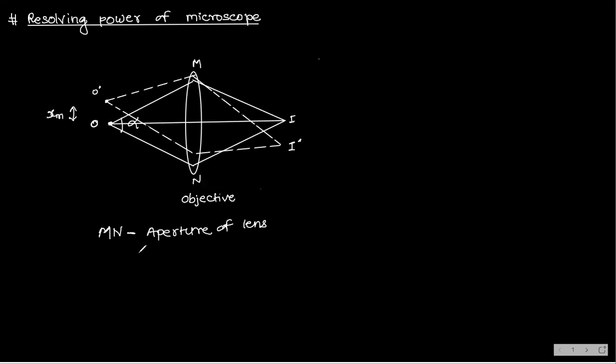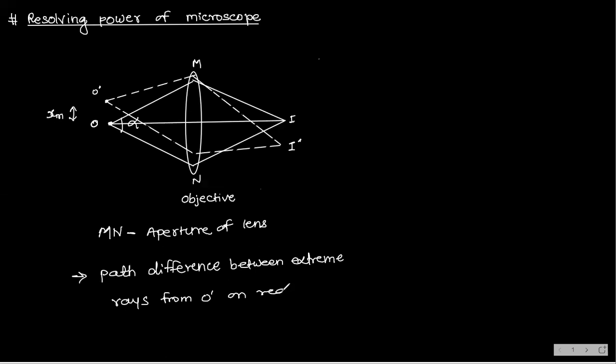Look, path difference between extreme rays from O dash on reaching I is 2xm sine of alpha.